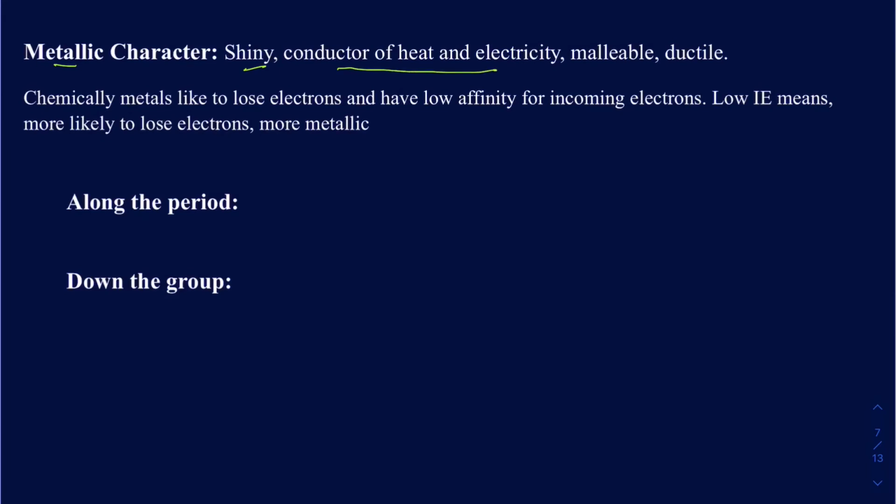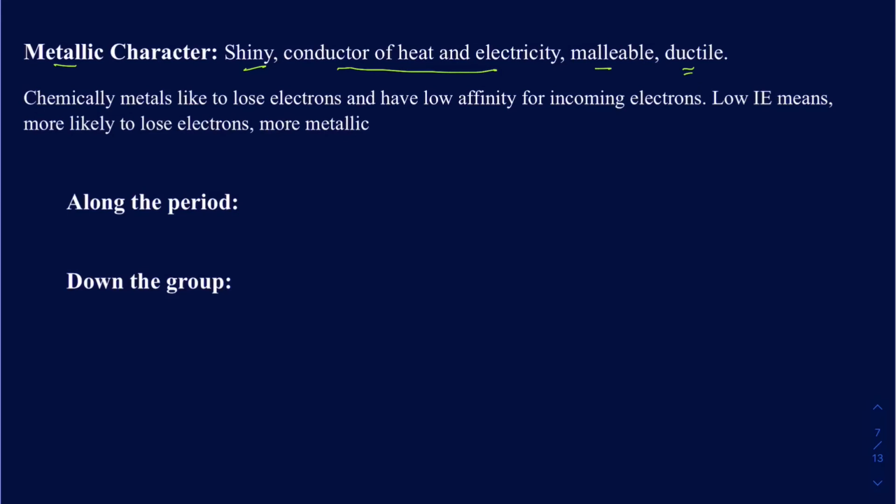That's why you use copper wires in the household for electricity purposes. They are malleable, which means you can beat them down into sheets. They are ductile, you can easily draw them into wires. But those are the physical properties of the metals. But let's focus more on the chemical properties of the metals.